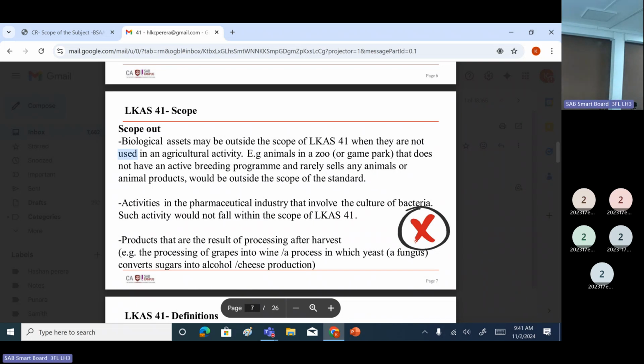That's clear. They do not have an active breeding program, right? We are just showcasing this animal for entertainment. That's it. We don't have a designed breeding program. Sometimes they may have a vaccination program, giving treatments and food to them. That is maintenance of that entertainment process. There's no agriculture.